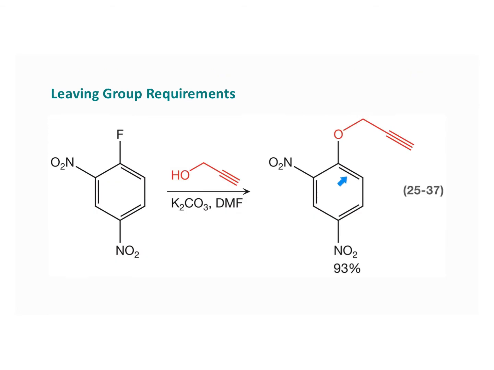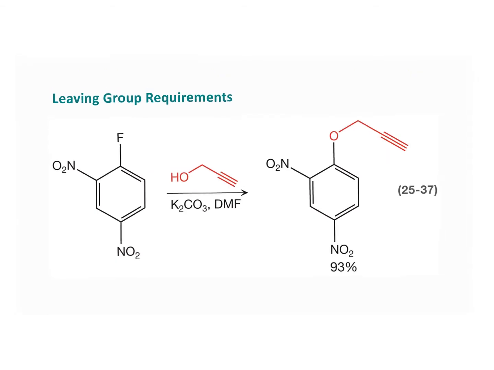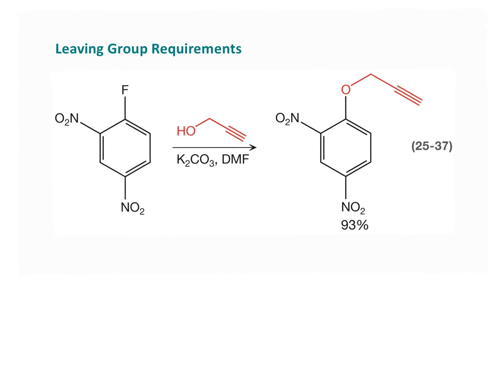Now, nucleophilic aromatic substitutions can be carried out with quite a few leaving groups, even F-, which is what we see here. The major restriction is that the leaving group needs to be more stable than the incoming nucleophile. So the leaving group needs to be more stable.